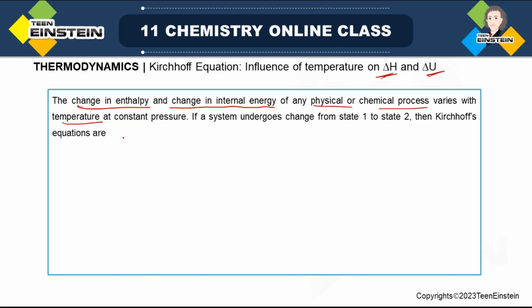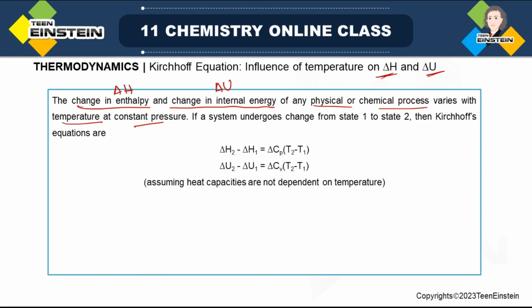So the change in enthalpy, internal energy of any process, chemical, physical, whatever, varies with temperature provided pressure is constant. If a system undergoes change from state 1 to state 2, then the equations will look like this.